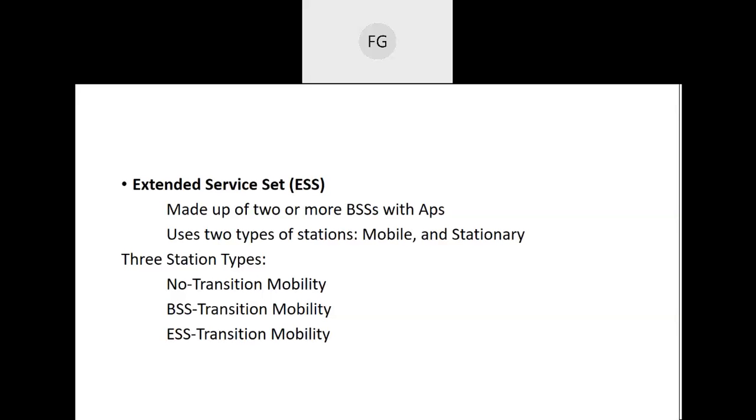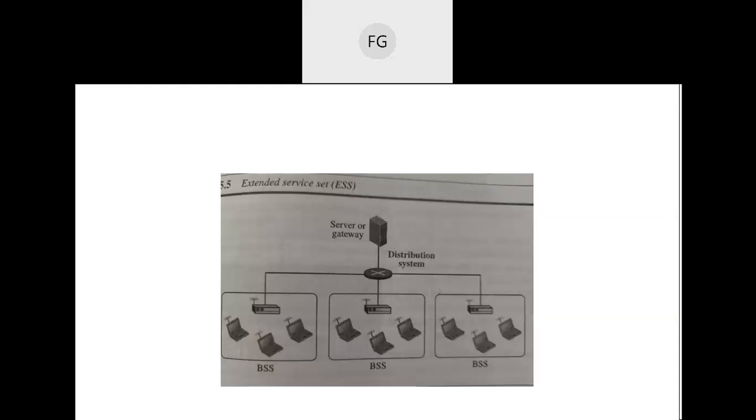The second one, BSS transition mobility. Here, movement can be from one BSS to another, but the movement is confined inside one ESS, that is, inside one extended service set. And a station with ESS transition mobility is the one where movement from one ESS to another is possible.